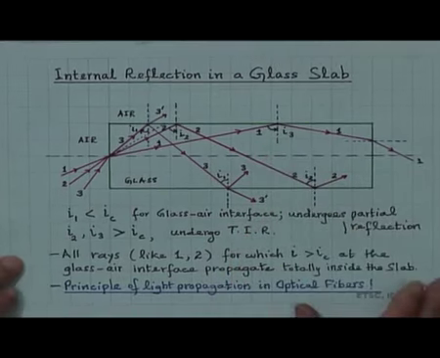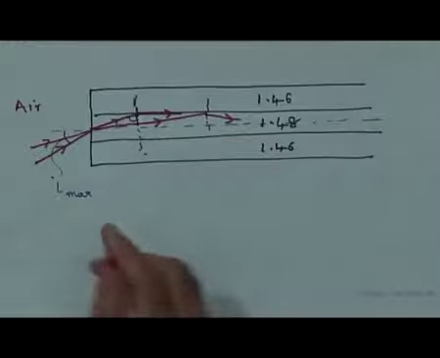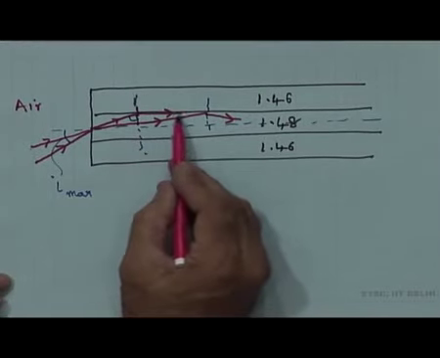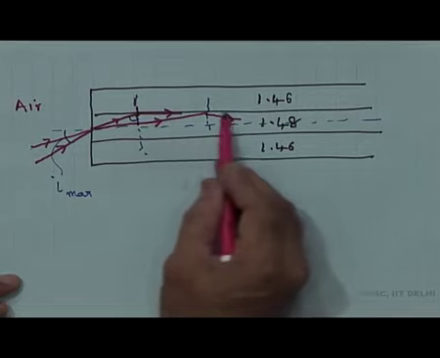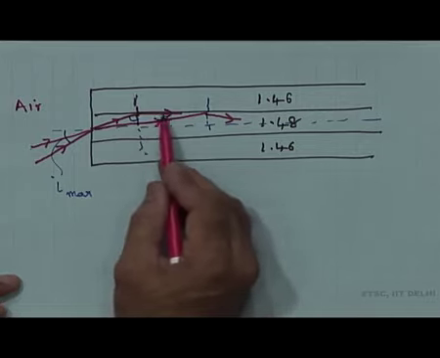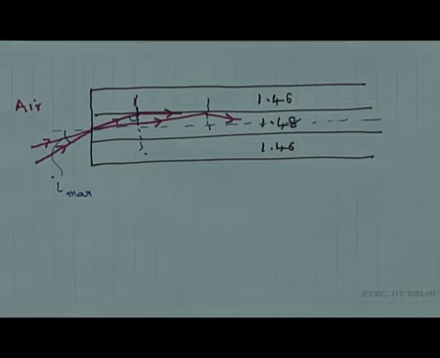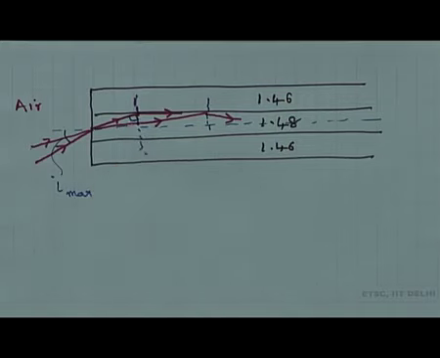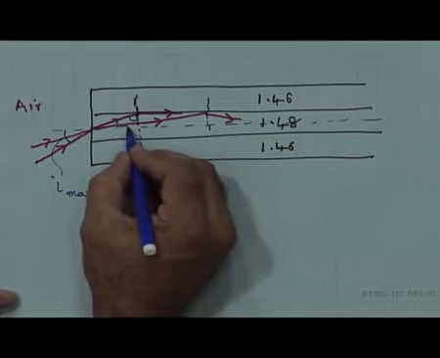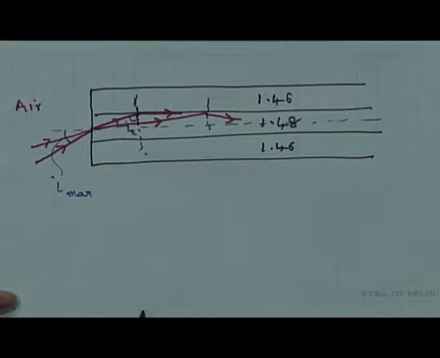So, the question is asking about the I max for which there is grazing, the refracted ray is grazing along the interface. So, this angle here must be equal to I C or the critical angle.